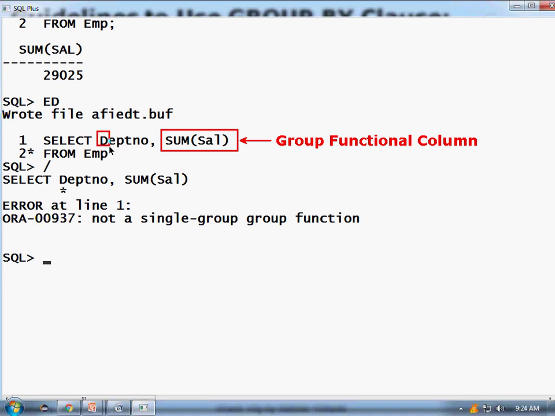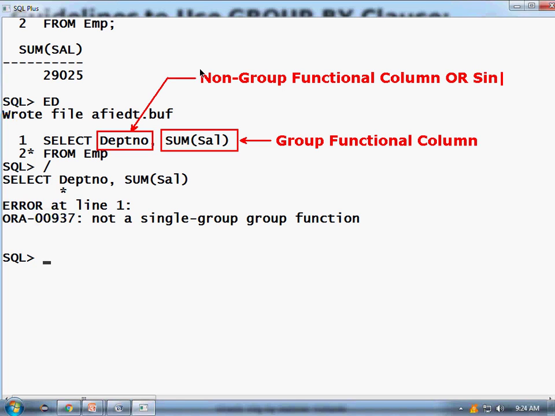And what you are trying to see in this case is generally called a non-group functional column. We generally call this a non-group functional column or single row column.